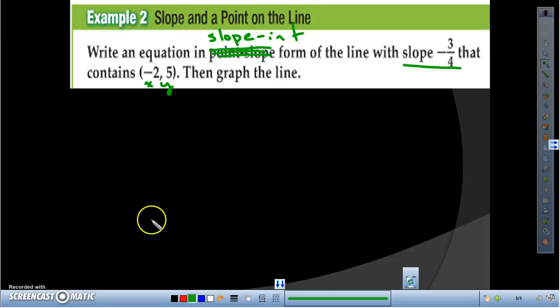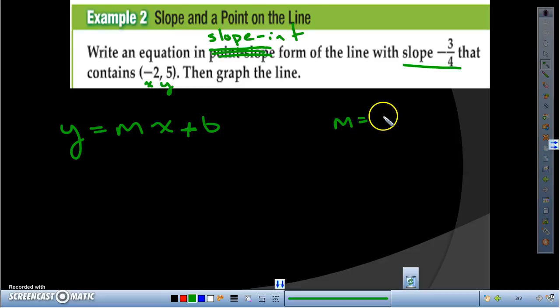Okay, so let's go back and look at slope-intercept form and all the different variables that are contained. Well, I have 4 variables total here. I have y, m, x, and b. Well, in the problem, they defined 3 out of the 4 values for me. They gave me the m value, they gave me an x value, and they gave me a y value.